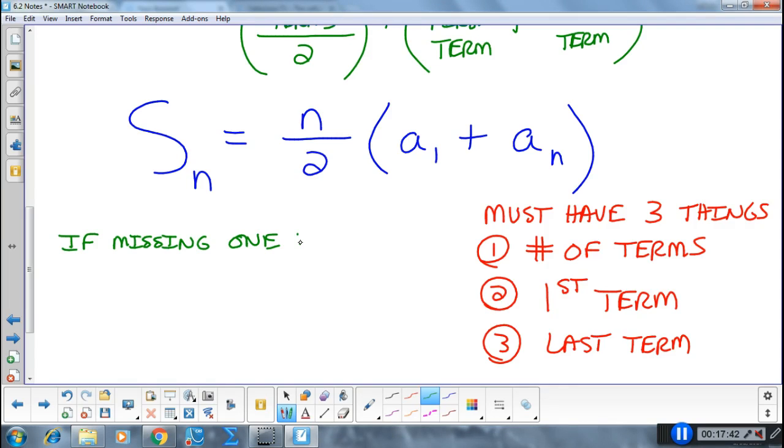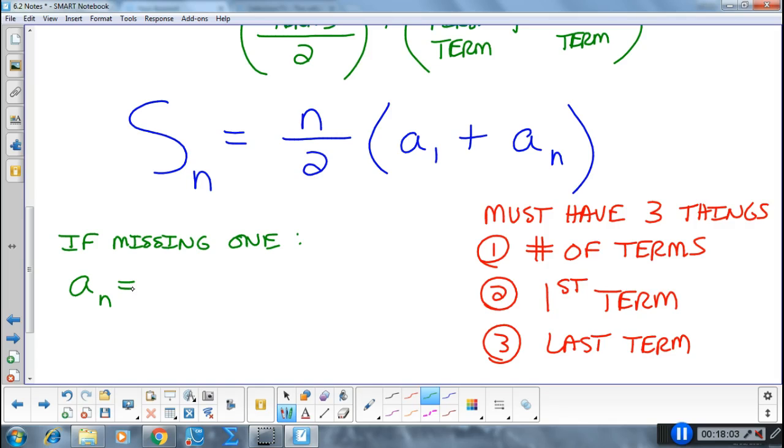What is the formula for an arithmetic sequence?